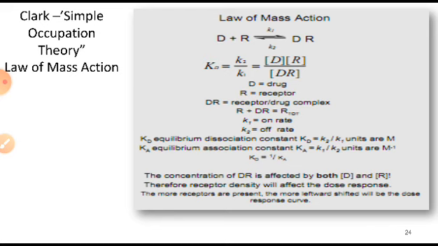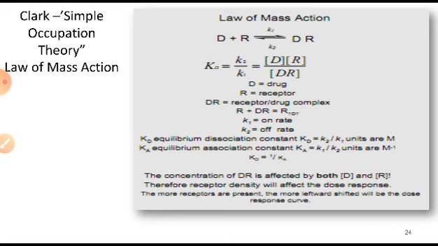This is Clark's simple occupation theory, which was based on the law of mass action. You can see D plus R gives DR, and Kd is the equilibrium dissociation constant, and Ka is the equilibrium association constant, right? Already I have shown you in previous slides what we mean by dissociation and association. So here the constants Kd and Ka play the role.